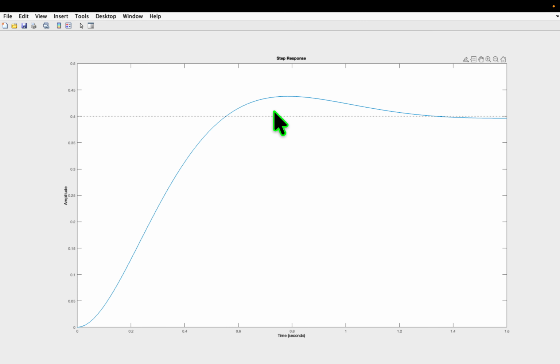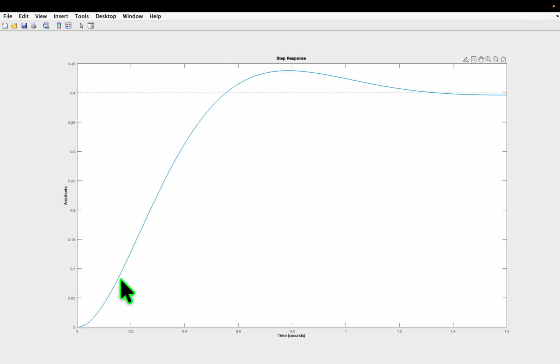So this is the step response of the system. I just need to put my cursor on the response, and then starting with the peak time. So the peak time is just the time taken to reach the maximum peak of the response. This is the peak value. You can see the amplitude or the maximum value is 0.438. So we'll use this in computing our maximum overshoot. And this is our peak time, which is 0.785.